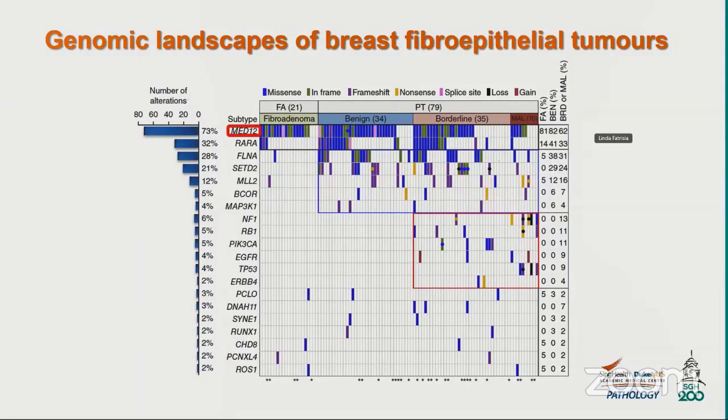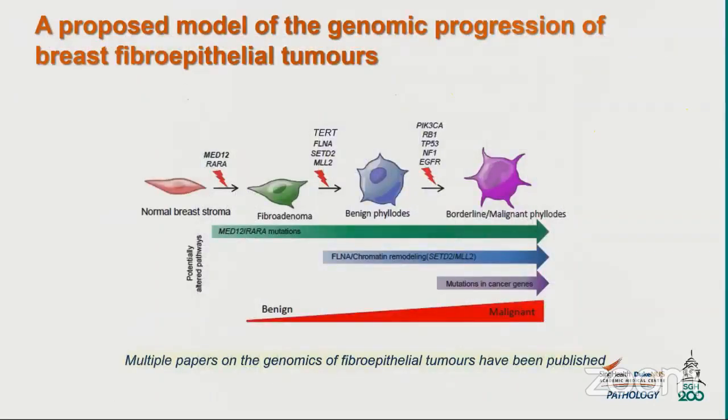MED12 mutations appeared to be truncal in nature, found in the entire spectrum of fibroepithelial lesions from fibroadenoma to all grades of phyllodes tumors. A similar observation was noted for RARA, whereas for this group of genes, they confined themselves to phyllodes tumors. Cancer driver mutations in these genes were seen only in the borderline and malignant grades of phyllodes tumors.